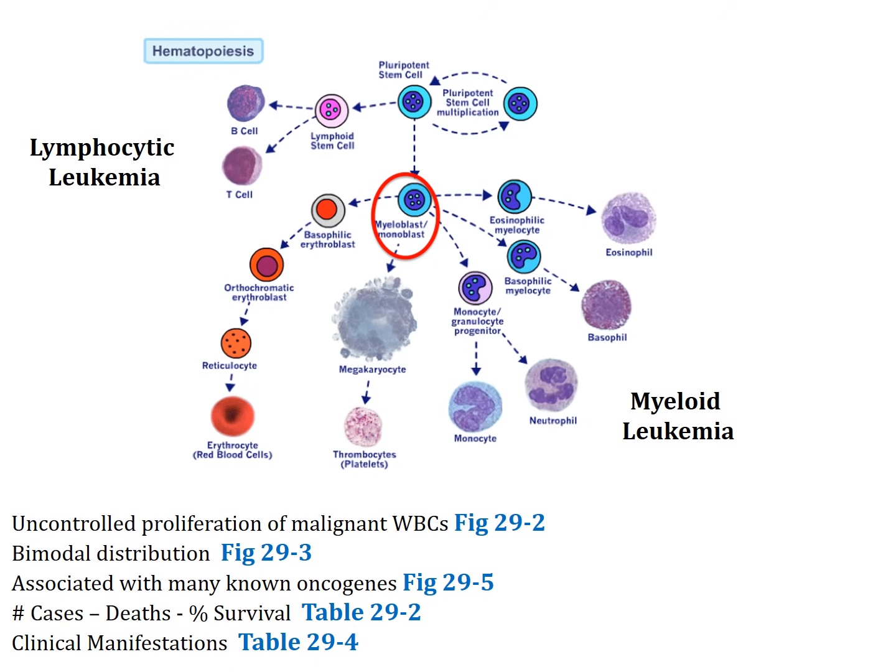Leukemias can lead to pancytopenia. So an individual with leukemia can present with anemia, thrombocytopenia, and recurrent or overwhelming infection due to lack of white blood cells.